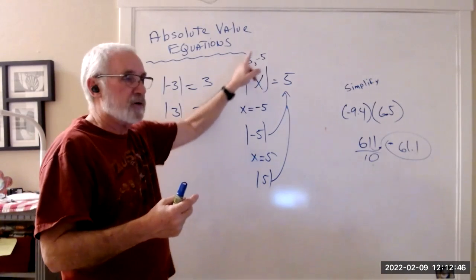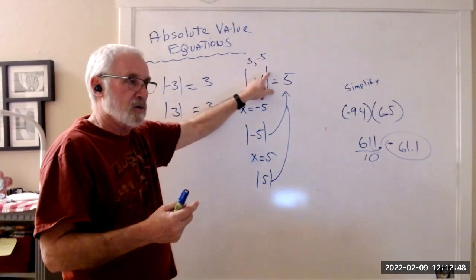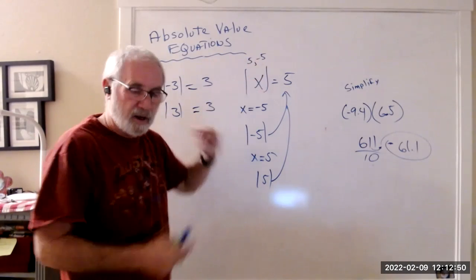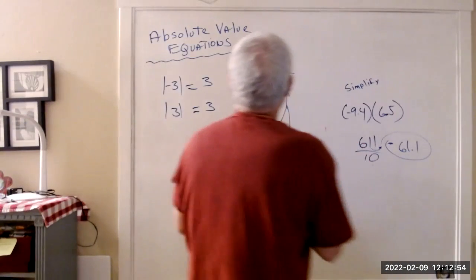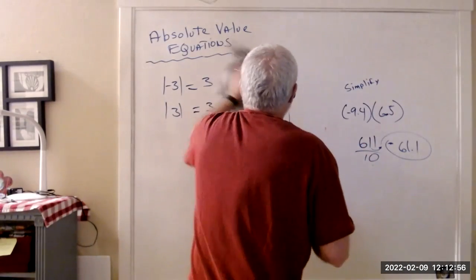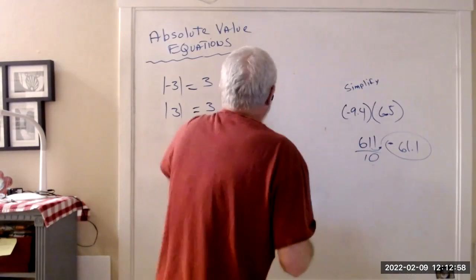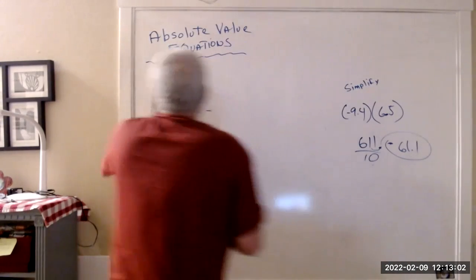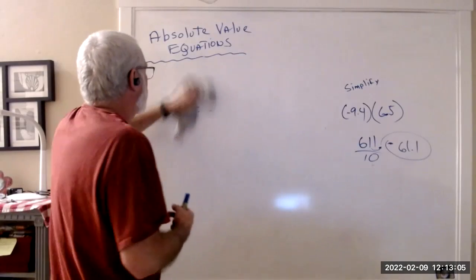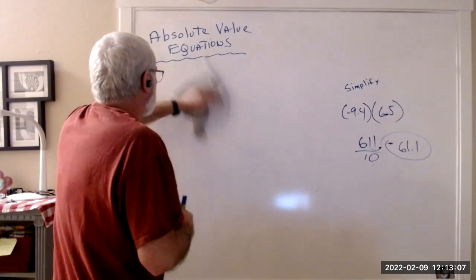Inside could have been positive, inside could have been negative. Everything that we're doing here is going to be based upon that idea. If the answer is positive, the inside could have been positive or negative.